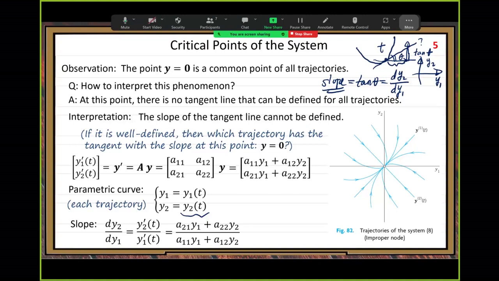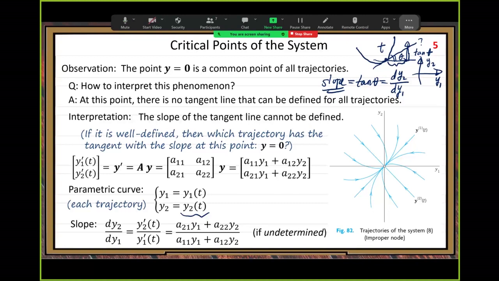So now the problem: at the origin, is this fraction defined? Origin means y1 = 0, y2 = 0. Is this fraction defined? It's not defined.